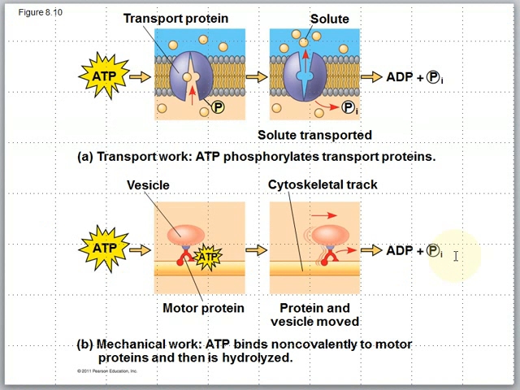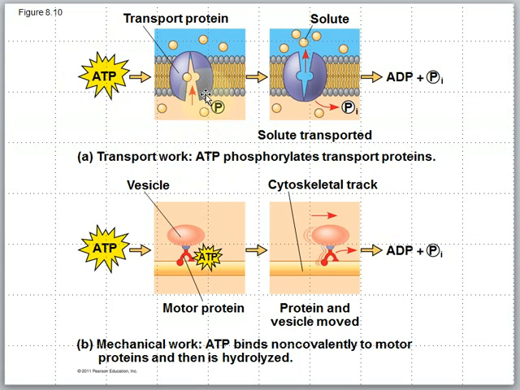Let me show you a couple of examples that we've already talked about. So remember we talked about these transport proteins. The transport proteins change shape, and in this case this would be active transport. We're going against the gradient. So see, we're moving these little brown dots outside of the cell where there's already a higher concentration. So that's going to require the input of energy. And so the ATP molecule will be hydrolyzed. It will have one of those phosphate groups broken off.